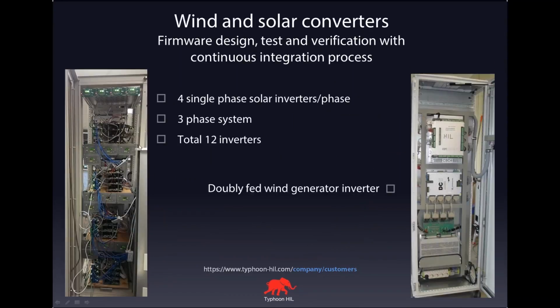A few more examples: solar inverter controllers connected in parallel, 12 inverters connected together, so this is getting closer to the field of microgrids. And another example of a double-fed generator inverter, where you can see the control system right here connected to the HIL box, and you can see the slight differences in the engineering approaches here.